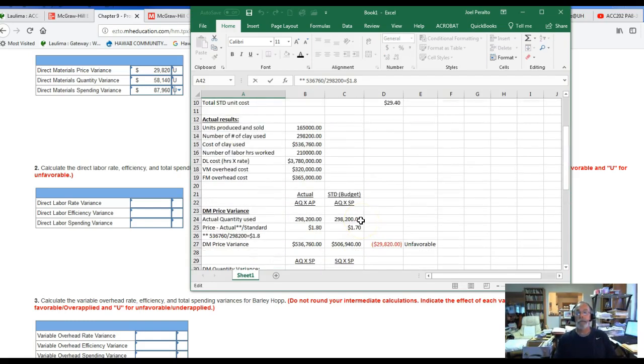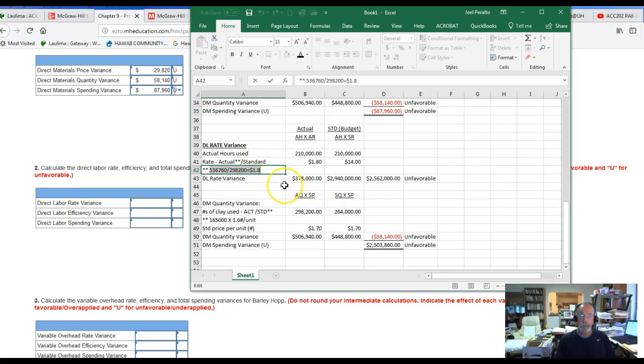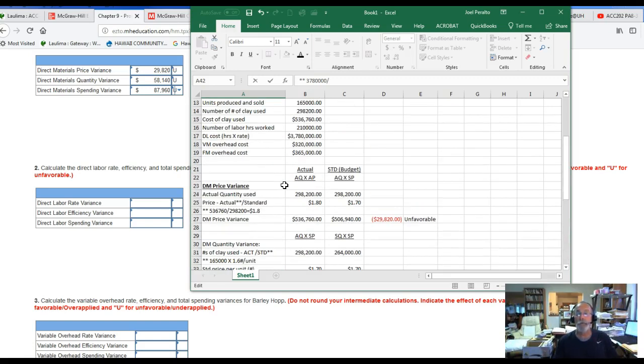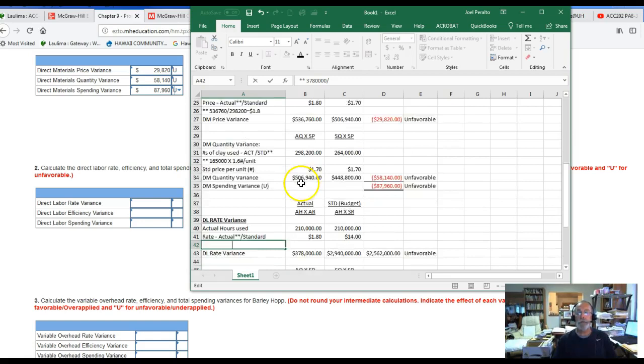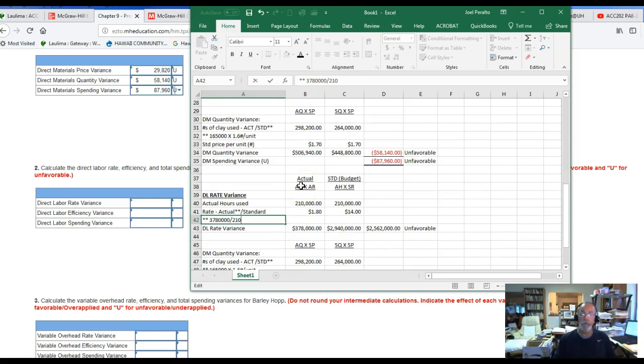So our direct labor cost was $3,780,000, and our hours worked is 210,000. And so that calculation, 3780 divided by 210, that's $18.